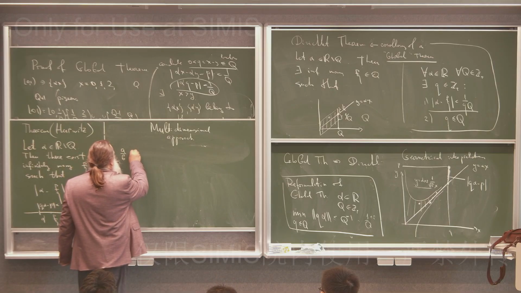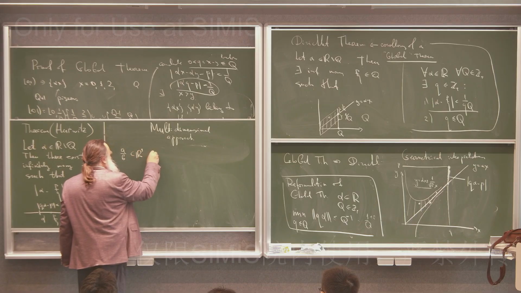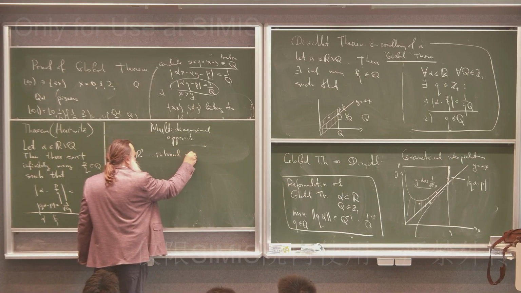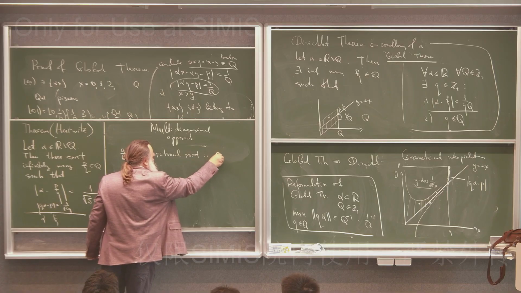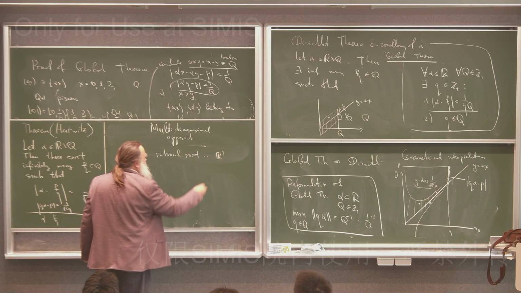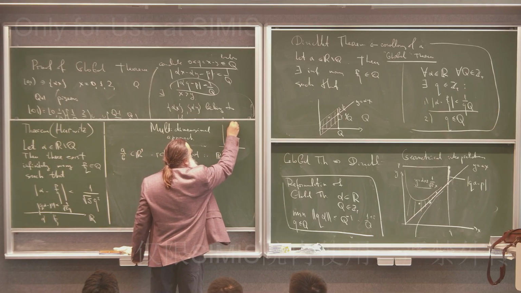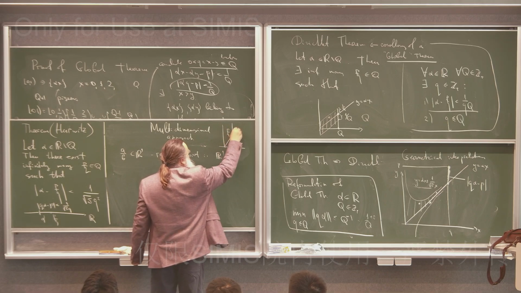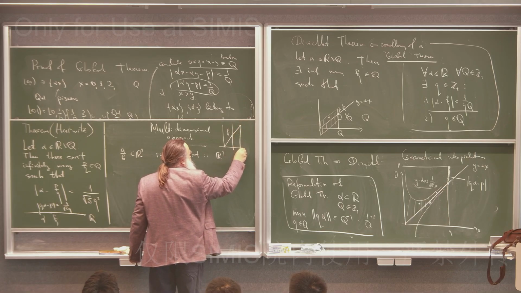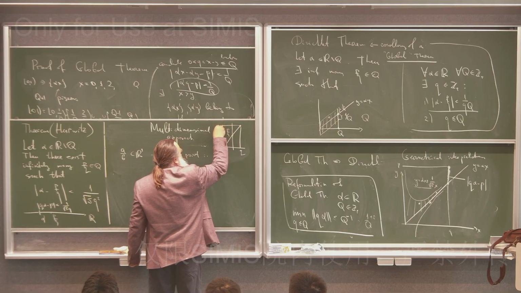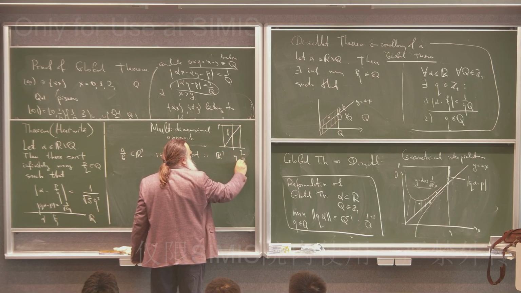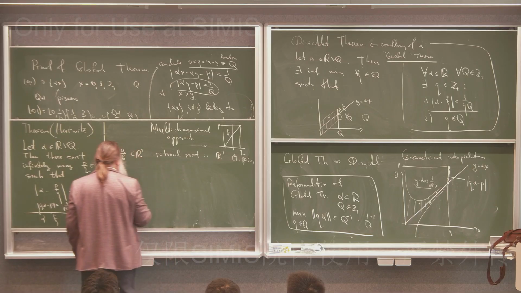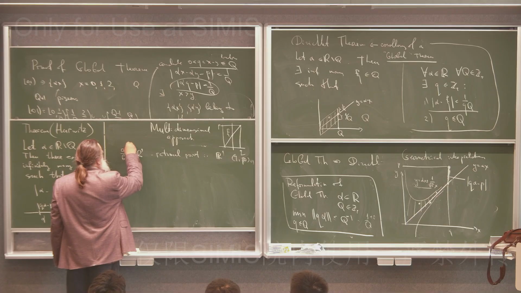So now this is in R1, which is a rational point. You may remember this picture which I drew in the very beginning. So here is the rational point p over q, but in fact it is a projection of a primitive integer point (q, p) with gcd equal to 1.